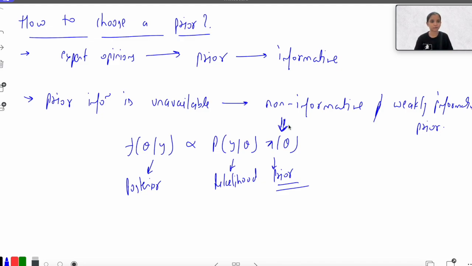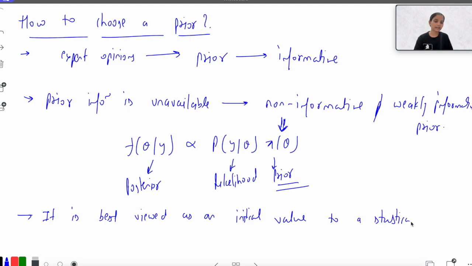Prior information or a prior distribution is best viewed as an initial value to a statistical procedure. So what is the initial information you have about any experiment or any question that you are doing?